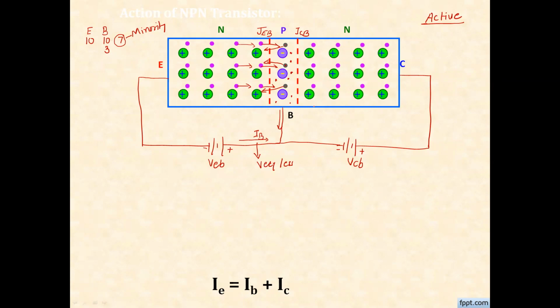So definitely this P region is connected to the negative terminal, meaning all these electrons will be repelled and will cross the junction and enter from the base region to the collector region. And when all these 7 electrons enter the collector region, we know the collector region is connected to the positive terminal. So all these electrons will be attracted towards the positive terminal of the external battery.